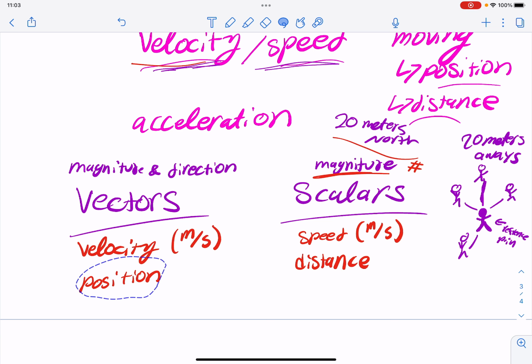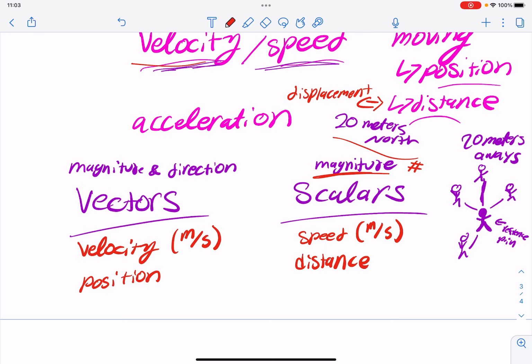Now, you may have heard the word distance, and you also may have heard the word displacement. A lot of the time you'll hear these words used interchangeably, but they actually mean two different things.